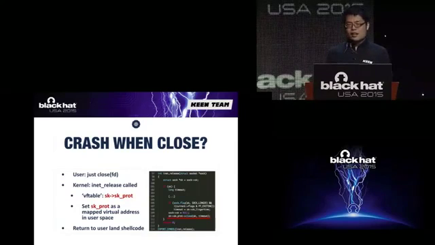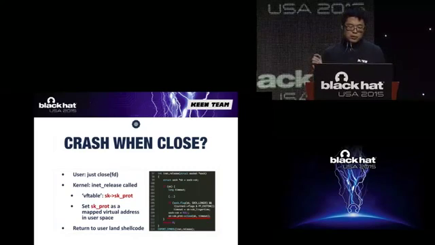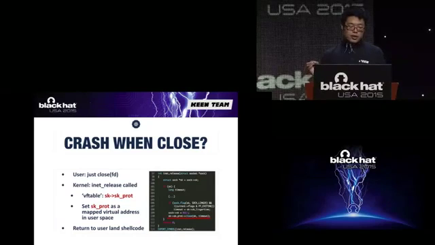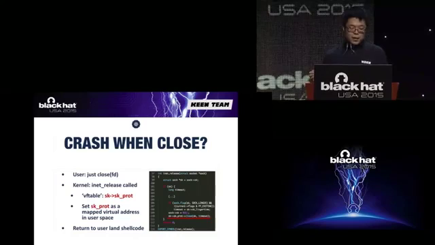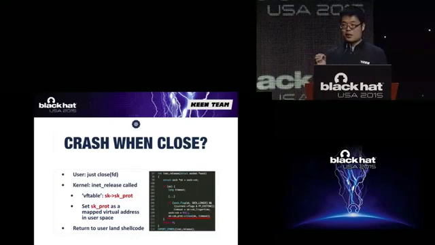But an interesting thing is that the kernel crashed when I closed the socket object, and I went deep into the source. You can see that when I close a file descriptor in user space, the kernel will call inet_release. And then there is something like a vtable of this socket object.